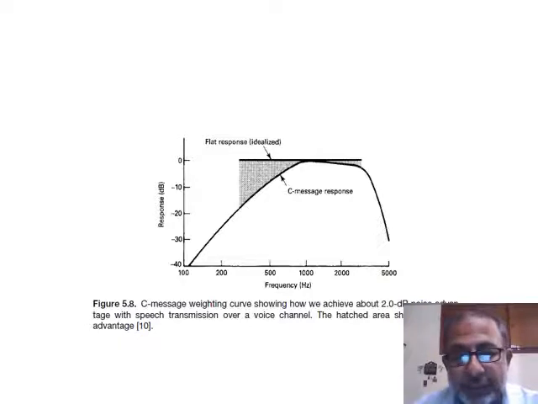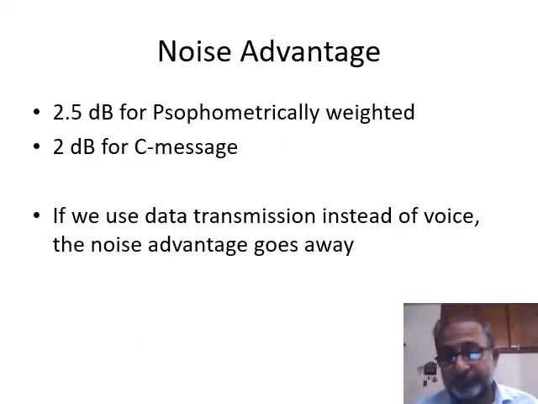In case of C message, we get a noise advantage of 2 dBs, while in case of psophometric systems, we get a noise advantage of 2.5 dBs. If we use data transmission instead of voice, the noise advantage goes away. Then it is of no use.